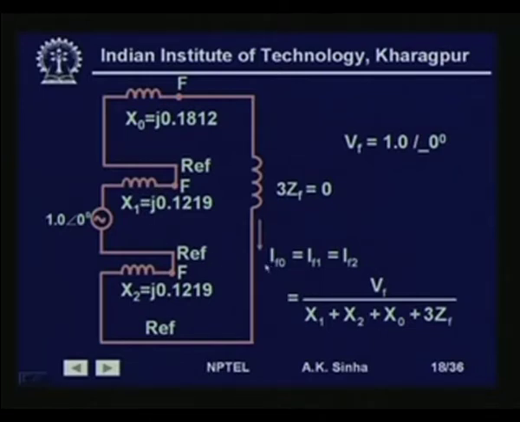calculate the fault current. So first we will calculate the sequence currents. I0, I1, I2 all will be equal. So IF0, IF1 and IF2, the zero sequence, positive sequence and negative sequence fault currents, are equal to Vf, which is 1 angle 0, divided by X1 plus X2 plus X0 plus 3ZF, which is 0.